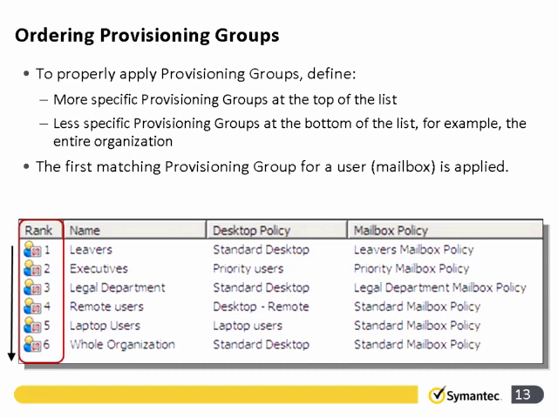Next thing, as we mentioned, typically what we find is that a particular user may be in multiple Windows groups. A particular user may be in a different organizational unit than the Windows security groups they're in. So if I use these Windows security groups and organizational units to generate my provisioning groups, a user might find themselves in multiple provisioning groups. So how am I going to determine which provisioning group has priority?